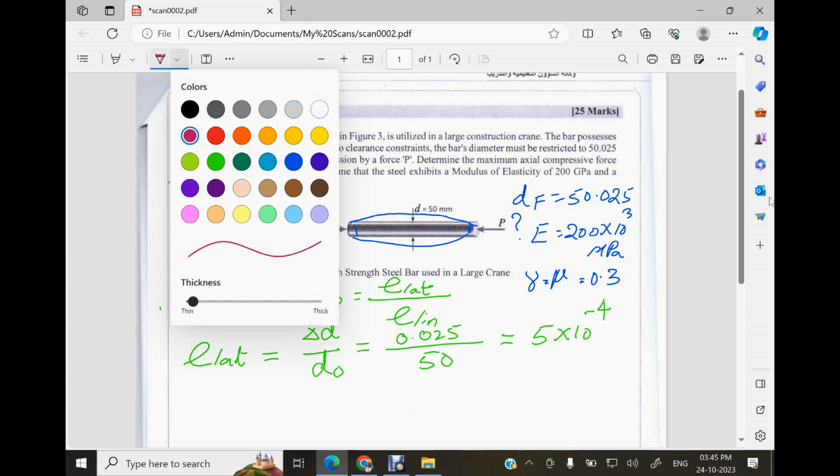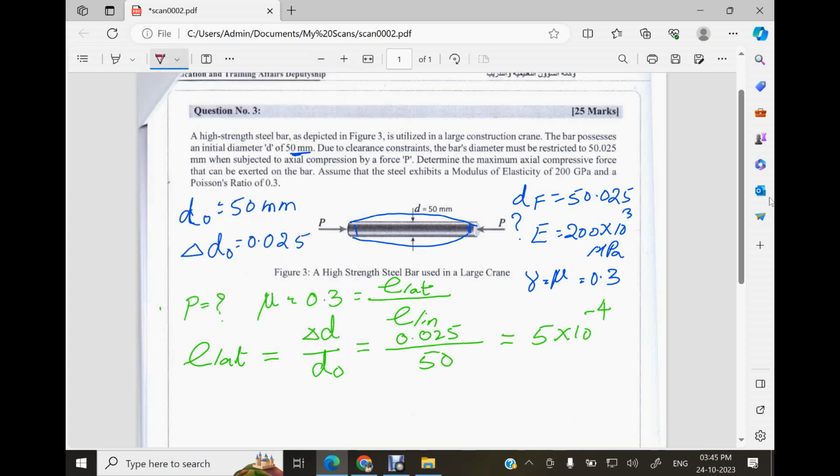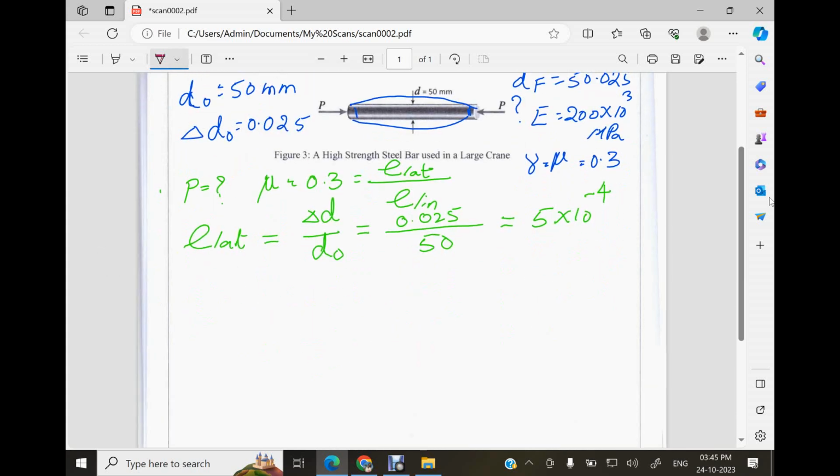Let me change the color. Now E lateral is done. Now I know the formula. Mu is equal to E lateral divided by E linear. E lateral you already calculated. Mu he has given. What you don't know is E linear. Let us find out E linear.